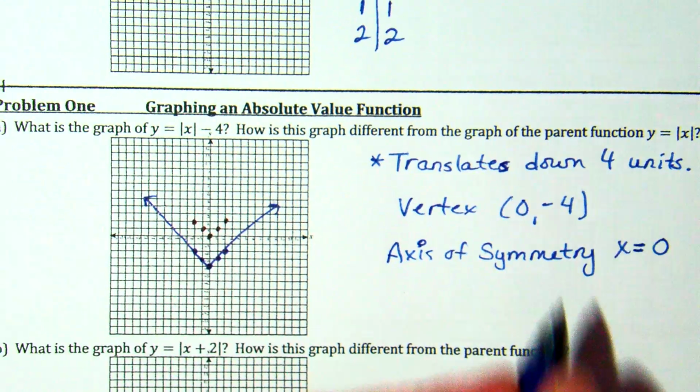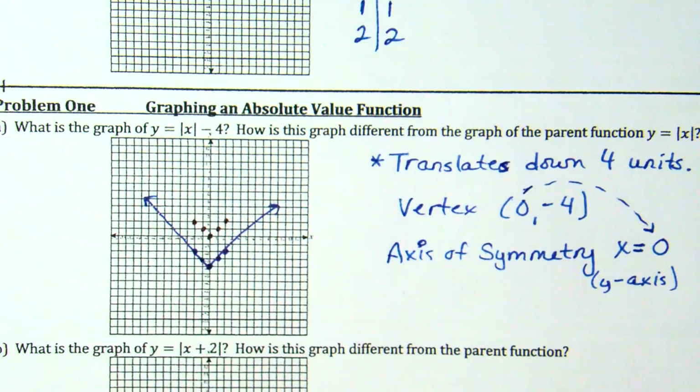It's also always the first number in your ordered pair. So if your vertex is 0, -4, then automatically I know my axis of symmetry is x equals 0. Yes, you could also tell me it's the y-axis. I wouldn't argue that, but to write the official equation, it's x equals 0.